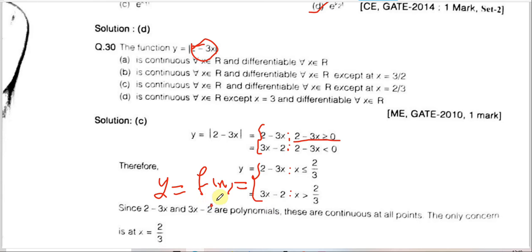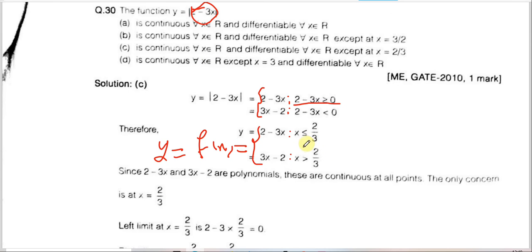So now we got the functions: for x less than or equal to 2 by 3 it is this function, and for x greater than or equal to 2 by 3 it is this function. Now we have the two functions, and the continuity problem is only at this point. So at x equal to 2 by 3, how do we check the continuity?